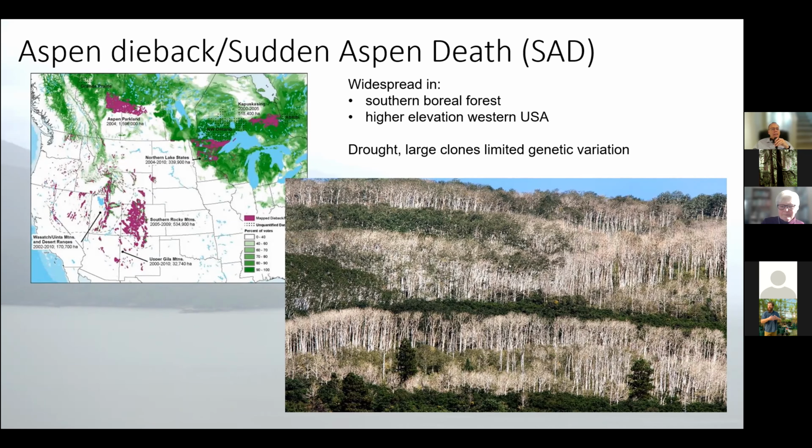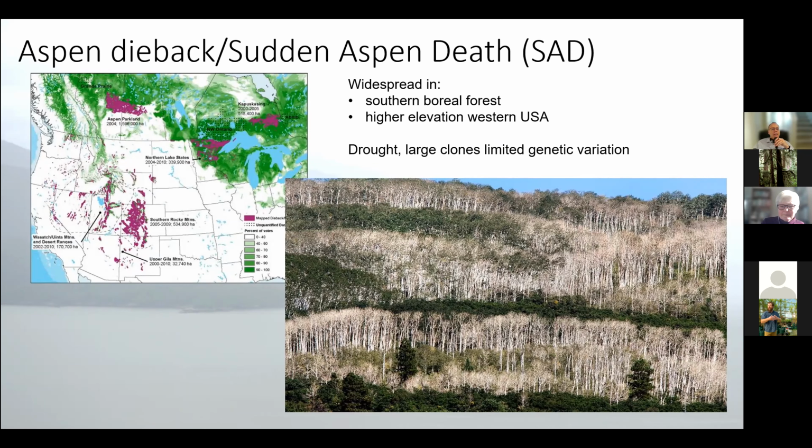This has been linked to drought. The risk factors are not fully understood because there's a disease that comes with it, it seems. And aspens are poorly prepared in the sense that they tend to form large clones. They propagate vegetatively by shoots from roots, and you get very large clones. That means we have limited genetic variation to respond to these changes.